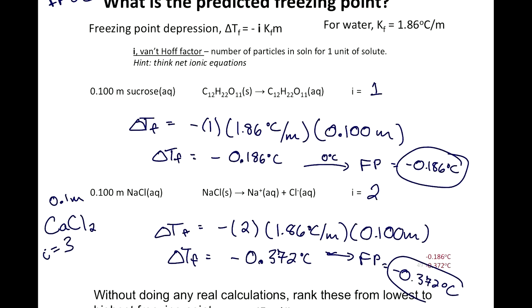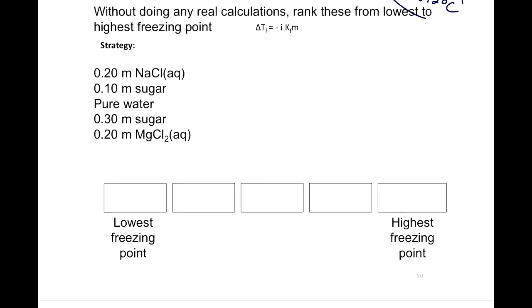All right, let's do that again, and without doing any real calculations, let's rank these from lowest to highest freezing point. So I got a bunch of stuff. And really the strategy here is we are calculating delta T_f for all of these. If we look at these variables in the equation, i might be different for them.